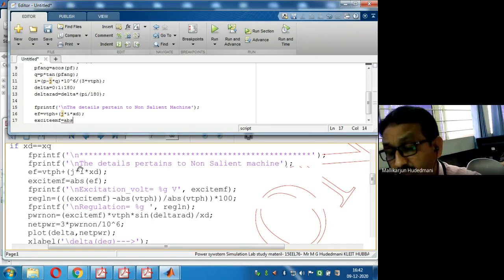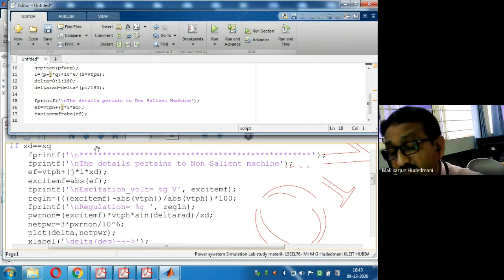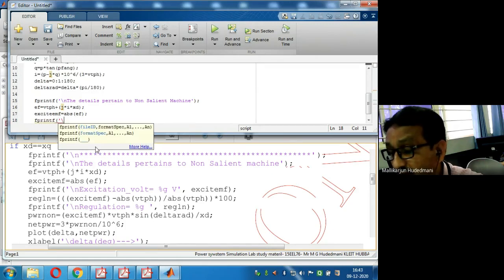Okay, ABS bracket EF. The absolute value of what you calculate in line number 16 should be used as the absolute value of excitation EMF. Then I want to display the answer immediately. I did here fprintf. I can display at the end also. Fprintf bracket quote on a fresh line.